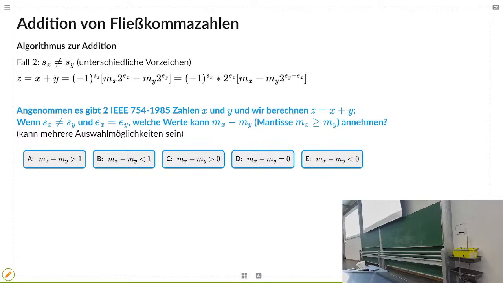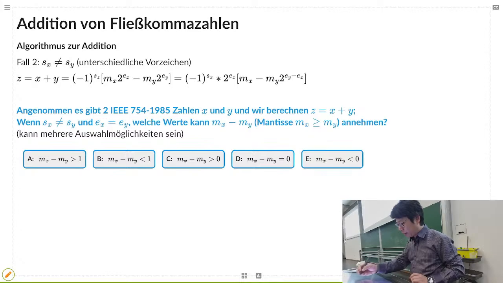You can prove that. I don't want to do the proof. Because the absolute value of x would be more than the absolute value of z. So the sign bit of x defines the sign bit of the output. Okay? Gut. So, dann machen wir dieses x plus y, und dieses Plus ist einfach ein Minus.